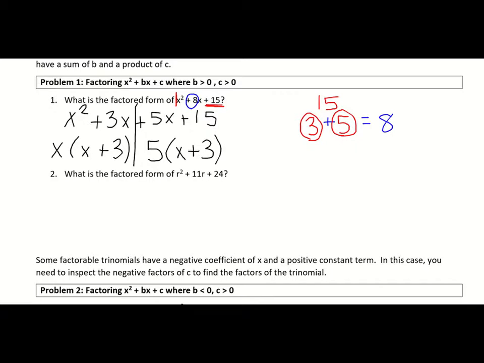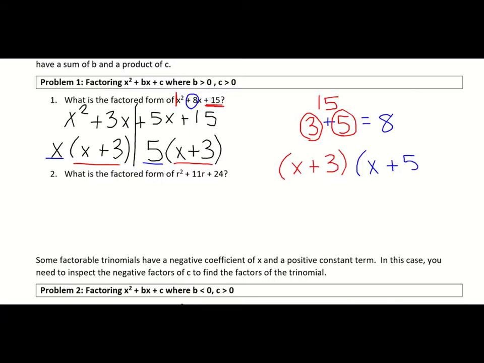Now, when I factor this way, the whole point is to get these inside binomials to match. If they do, that is part of my final answer, x plus 3, times the numbers on the outside make my other binomial. X plus 5.